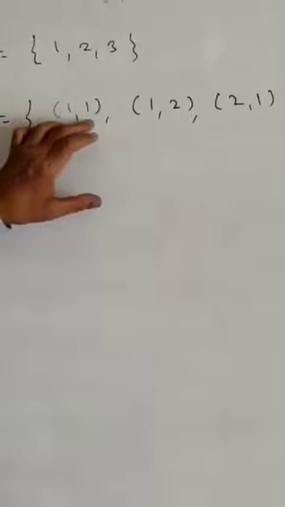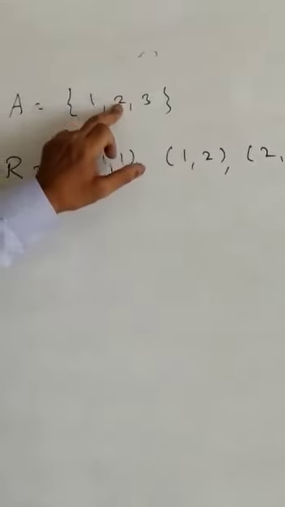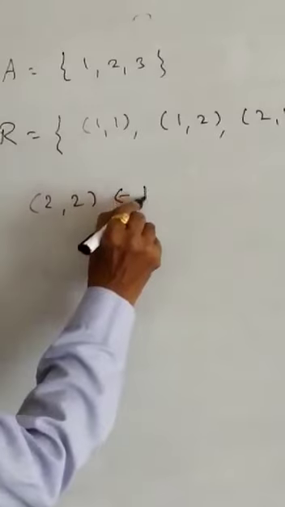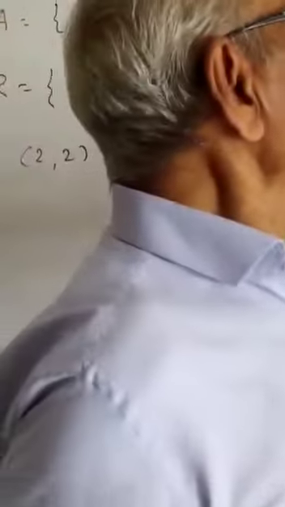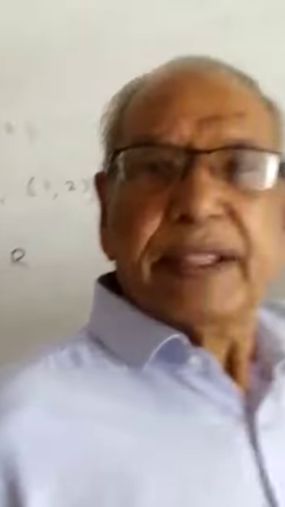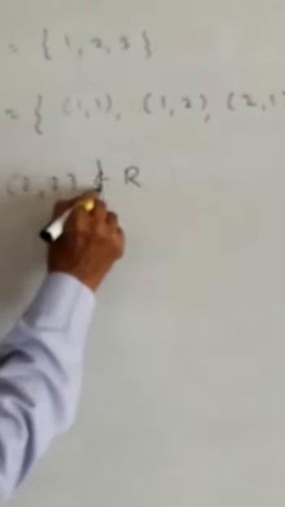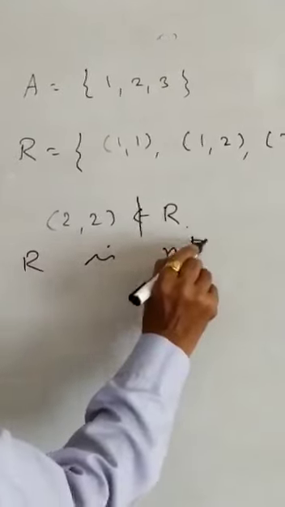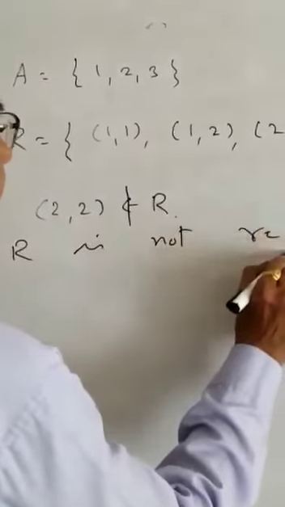Here (1, 1) belongs to R, but (2, 2) does not belong to R. That means the condition that for every a, (a, a) belongs to R is not satisfied. Since (2, 2) does not belong to R, this relation is not reflexive.